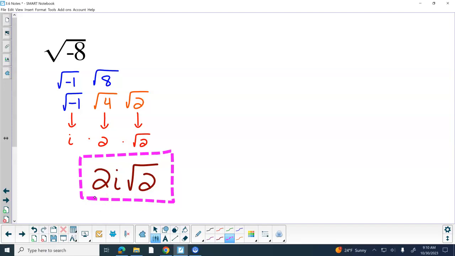Not i number radical. And we will ask in this class that all of your radical answers are in simplest radical form, which square root of -8 would be wrong, 2i square root of 2 would be correct.